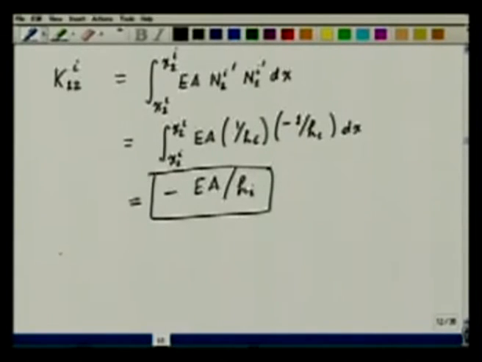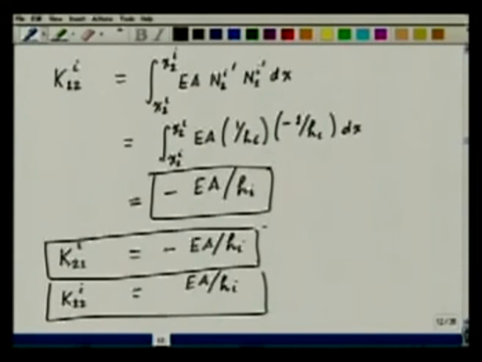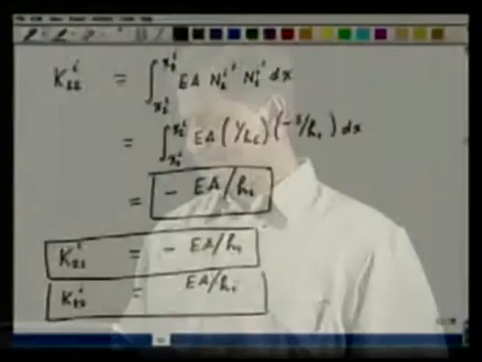By the same token, if we do the same job for the next row, k21i will be equal to minus EA by HI, and k22i will be equal to EA by HI. So these are the 4 entries of the element stiffness matrix we get.